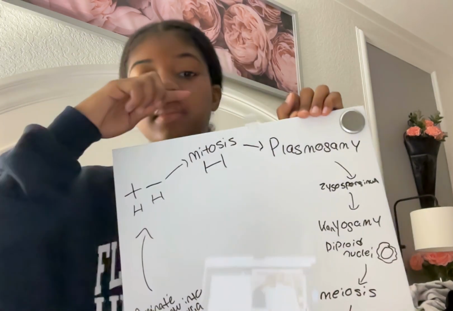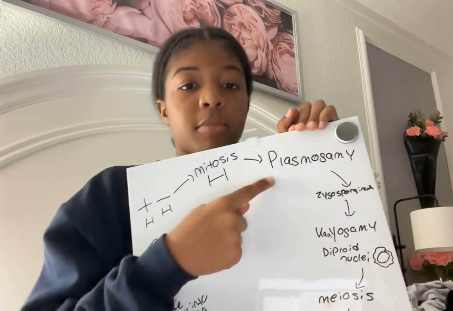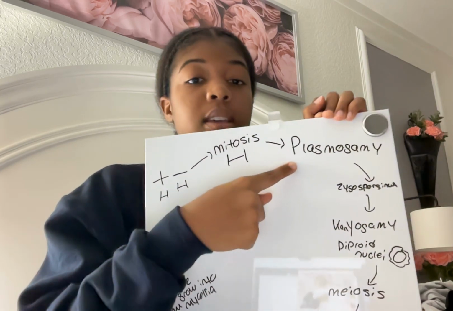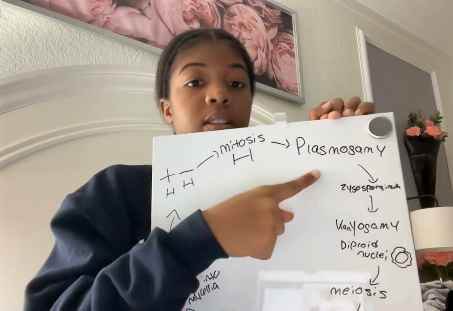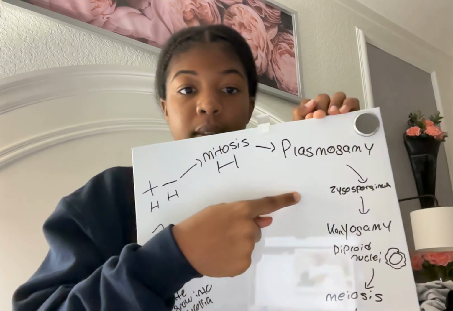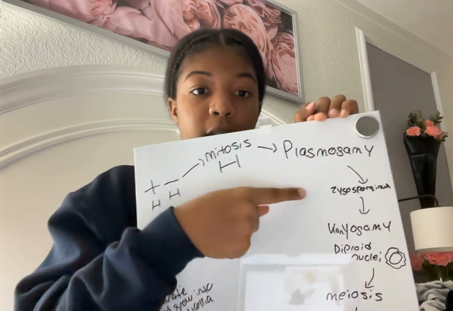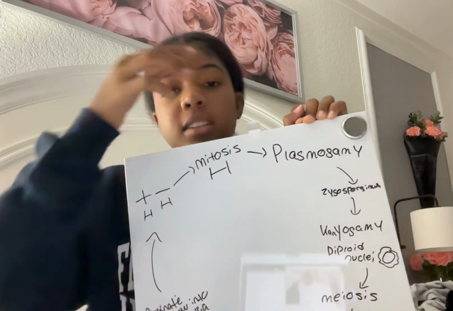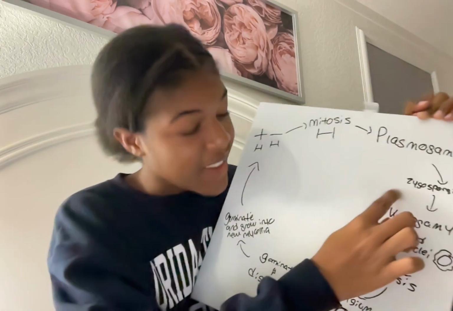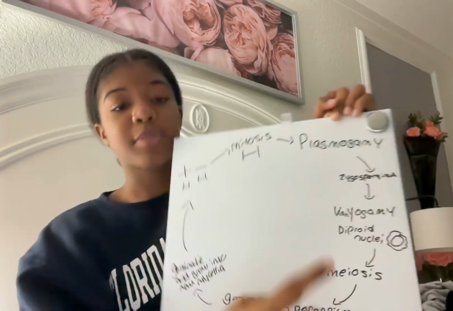After that, we go through plasmogamy, which is the fusion of the cytoplasm, which produces a young zygosporangium.